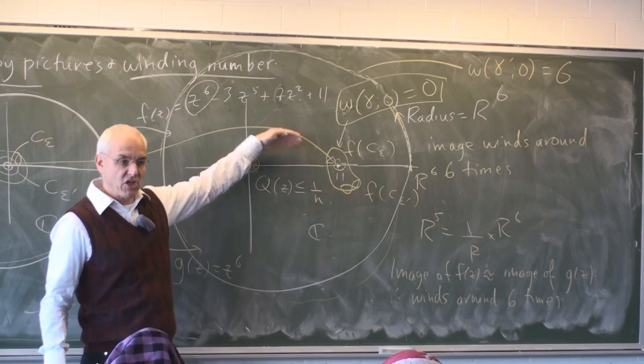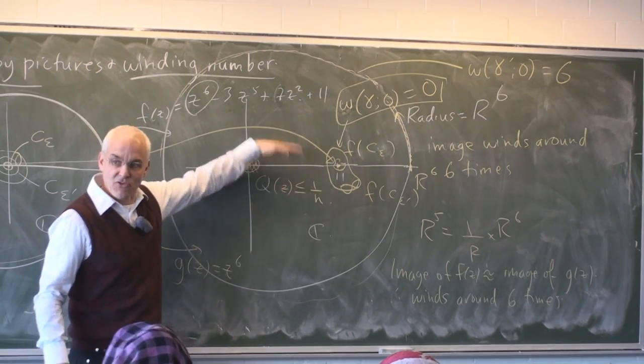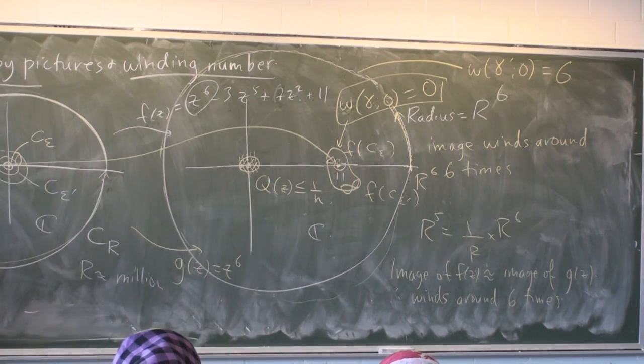The only way the winding number can jump from one value to another is if you actually cross the place where you're winding. In fact, not only does it cross once, we see that in general it's going to have to cross 6 times.